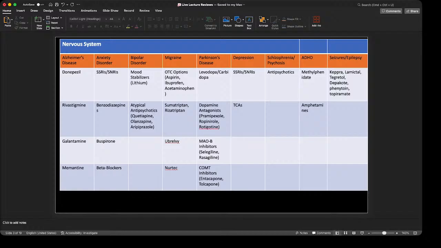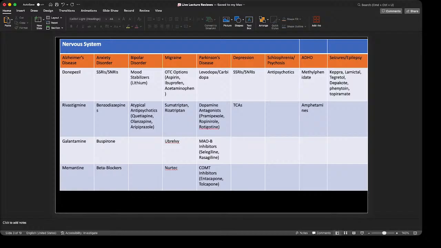So I just wanted to list that out to you all, so you have an idea as to what is the best antipsychotic for that patient's treatment scenario.